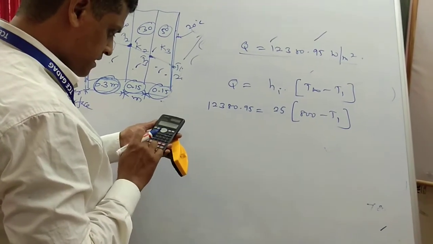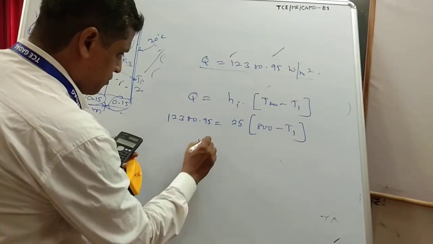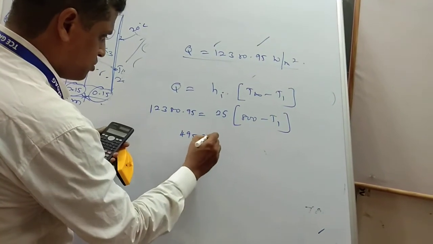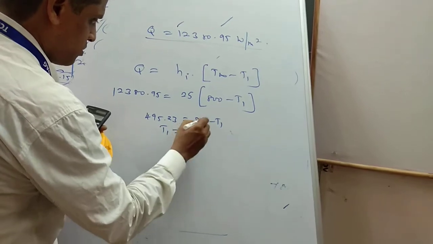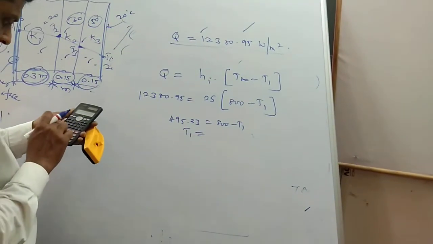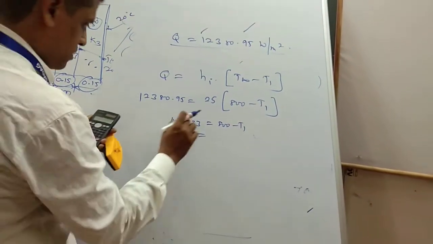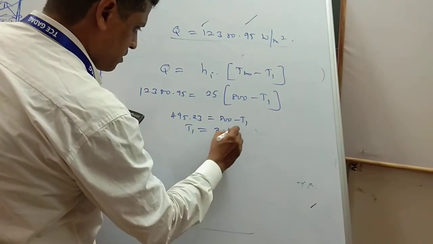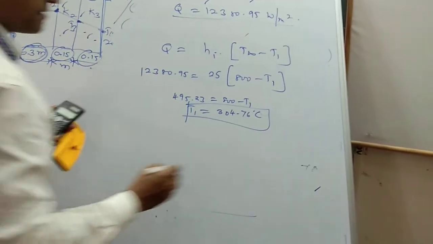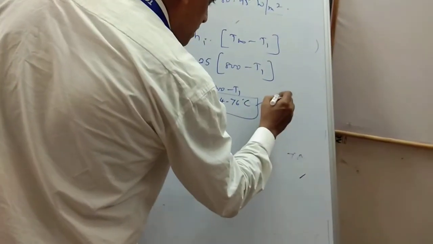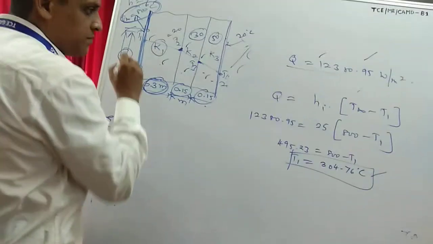12,380.95 divided by 25 is 495.23 is equal to 800 minus T1. Therefore T1 is equal to 800 minus 495.23, we got 304.76 degrees Celsius. Okay, this is the temperature on the inner surface of the composite wall.